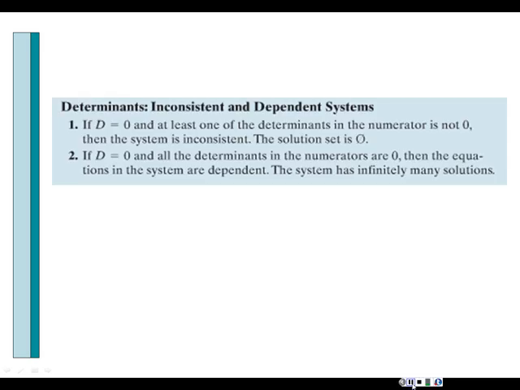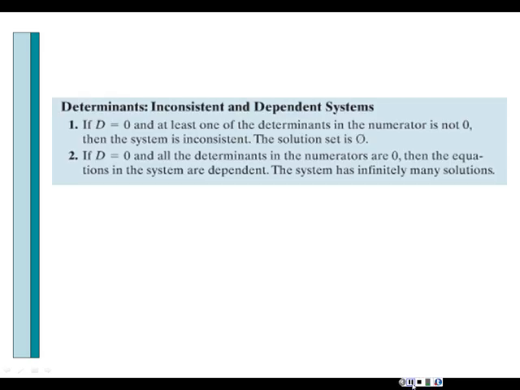For y, this is the equation. For z, this is the equation. Now, if D is 0, but any of these Dx, Dy, and Dz is not 0, is something else, then we assume that the system is inconsistent.